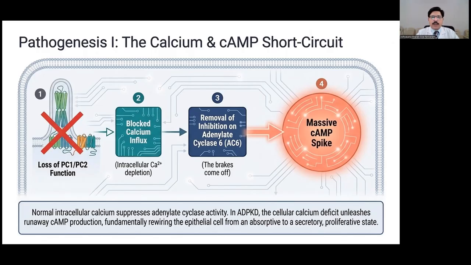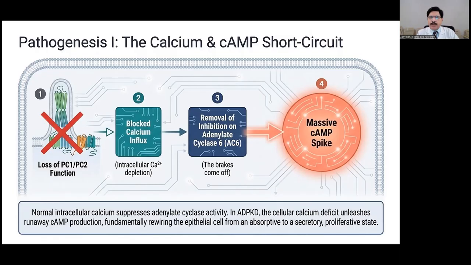Normal intracellular calcium suppresses adenylate cyclase activity. If cytosolic calcium is there, it suppresses the adenylyl cyclase activity. Because calcium is not allowed to come inside, the channel is not open, lack of calcium, a cyclic AMP spike will occur.